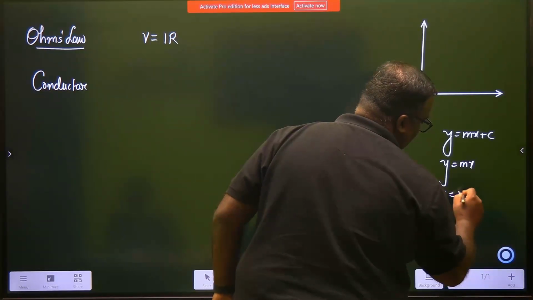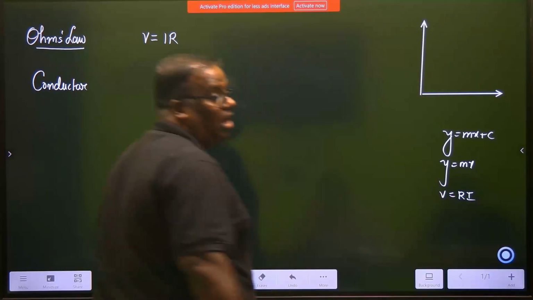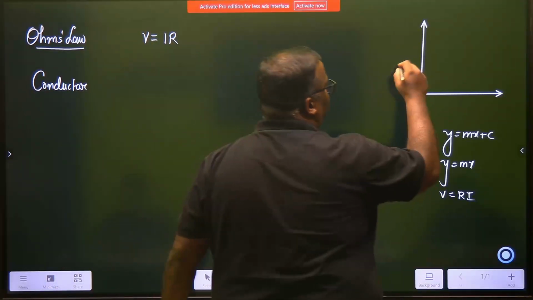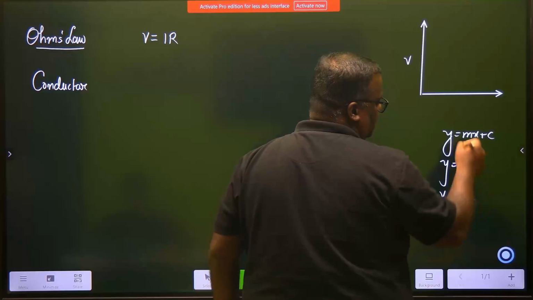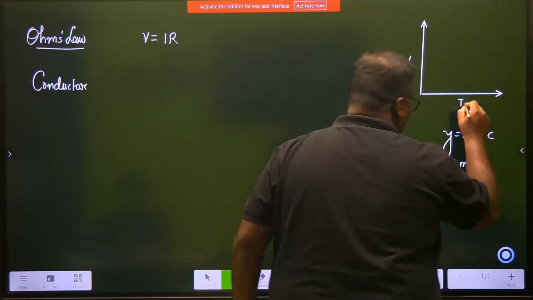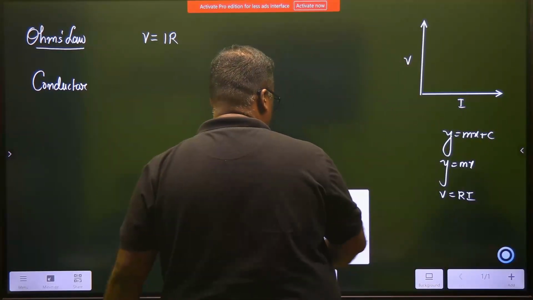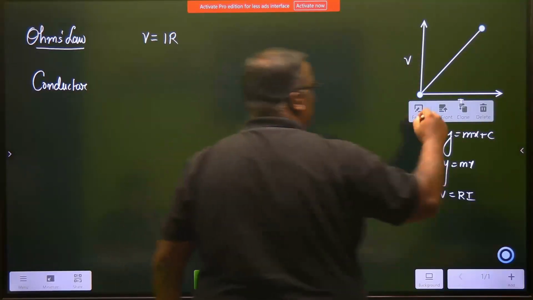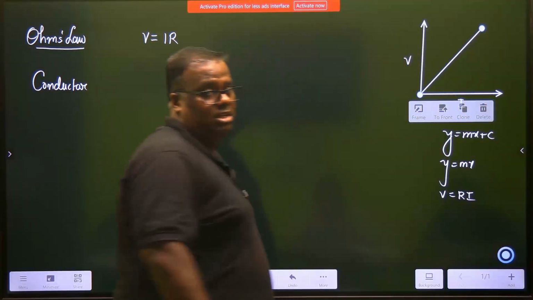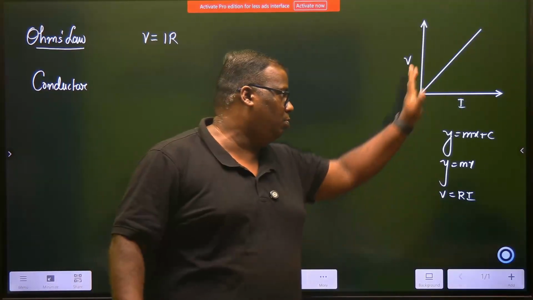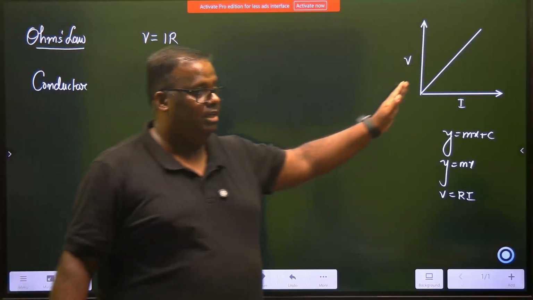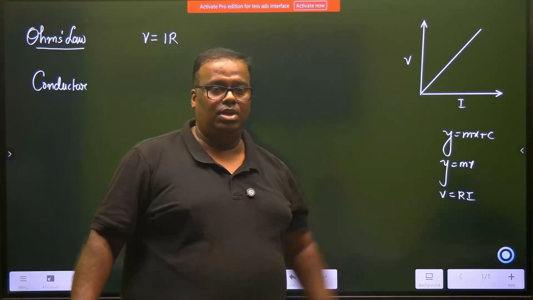V = RI, where R is the ratio of voltage to current. On the y-axis, we will always have voltage, and on the x-axis, we will have current. The plot that you will get for an ohmic conductor will always be like this, and conductors which are non-ohmic will not follow this straight line. Whenever you calculate the slope of this VI curve, it gives us resistance.